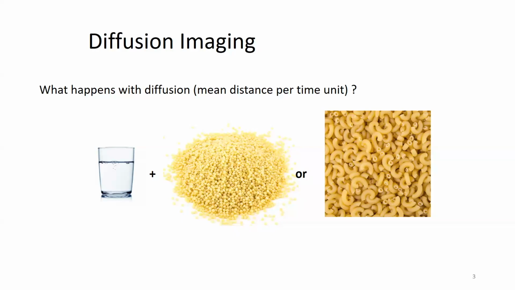But if you have these macaroni or couscous molecules, then they touch upon strange structures. So the distance that the water molecules can travel, they are bounced back, and on average they have a smaller distance. That's clear? And then what we call the diffusion is reduced or restricted.